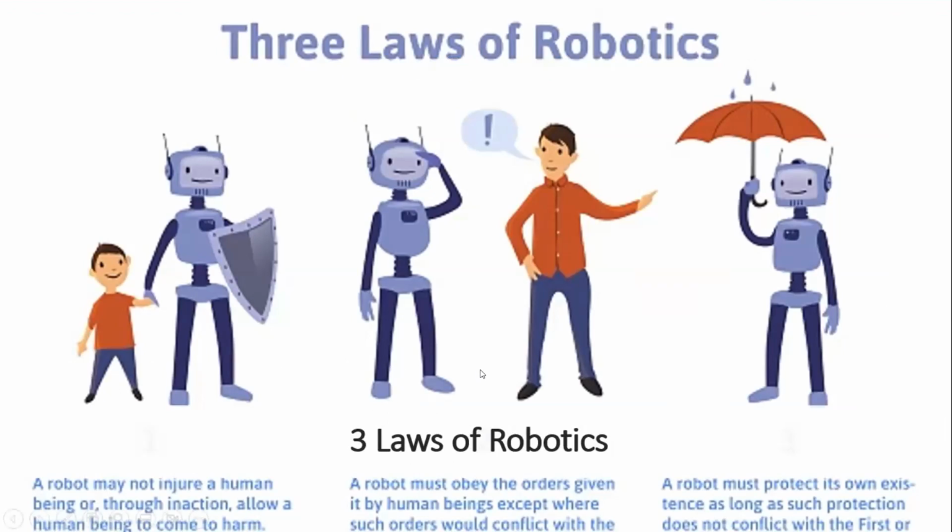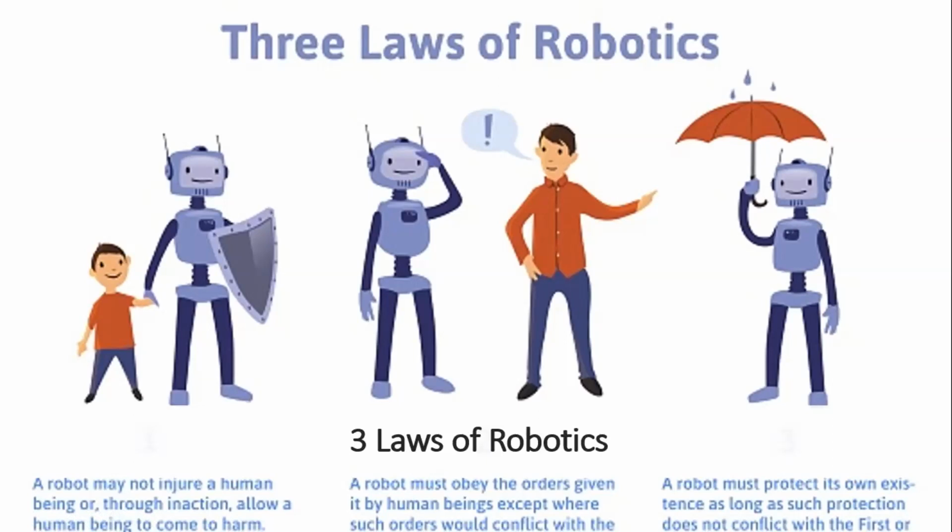So what is the first law? The first law of robotics says that a robot may not injure a human being, or through inaction allow a human being to come to harm. So any artificial intelligence, any robot should not harm or injure a human being, right? That was the first law of robotics with which we started.